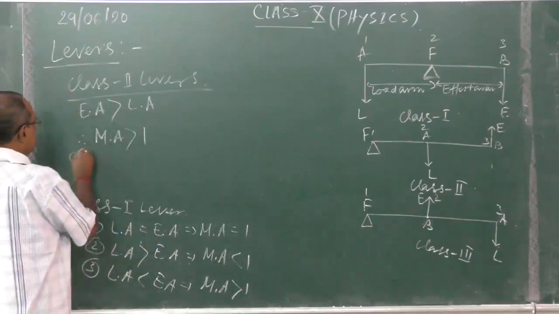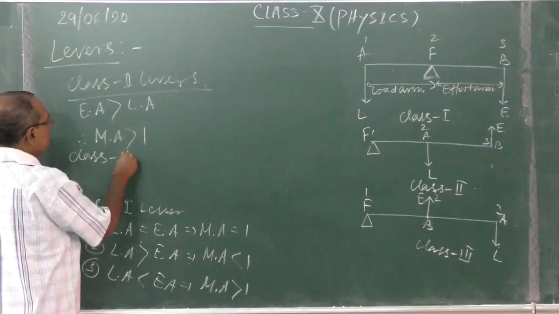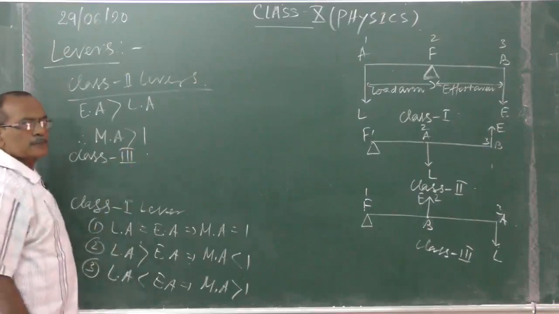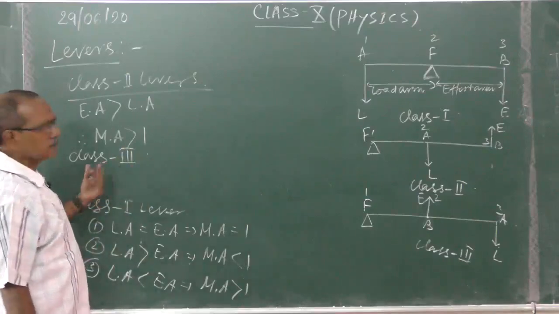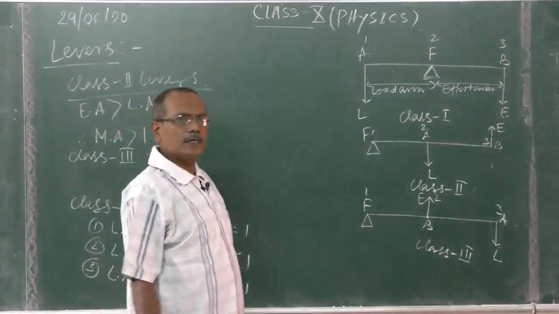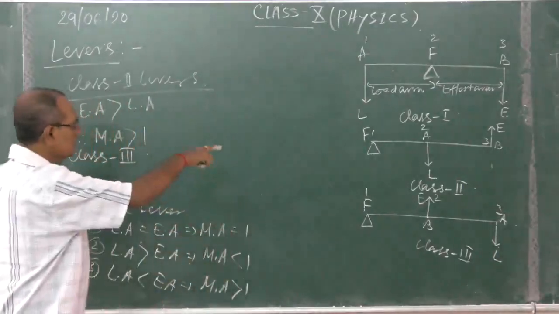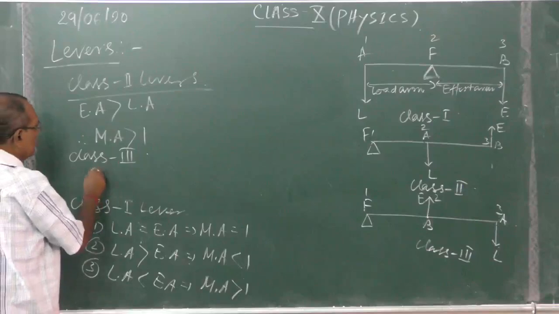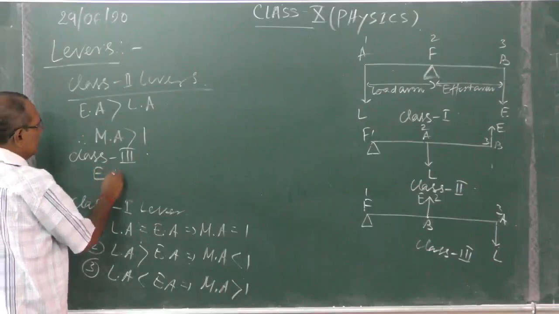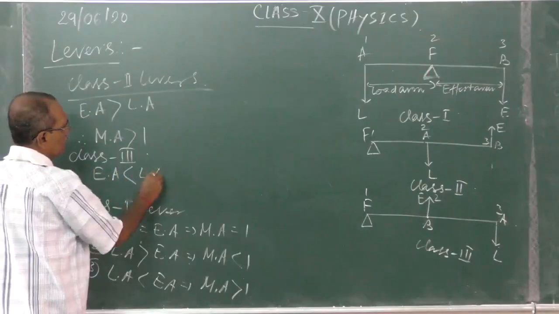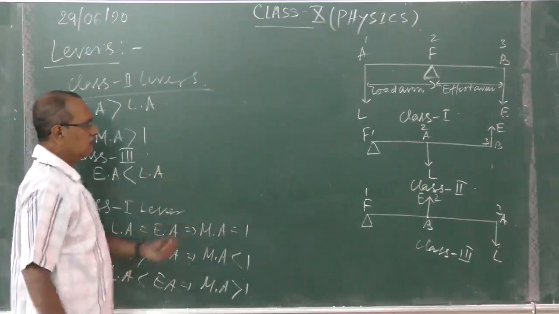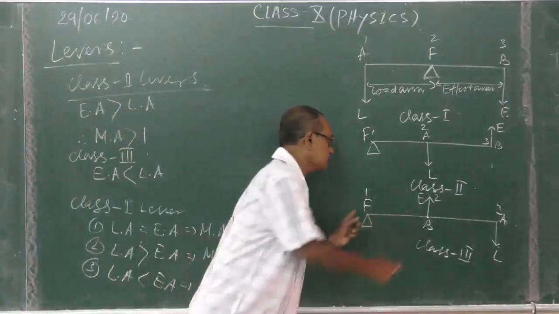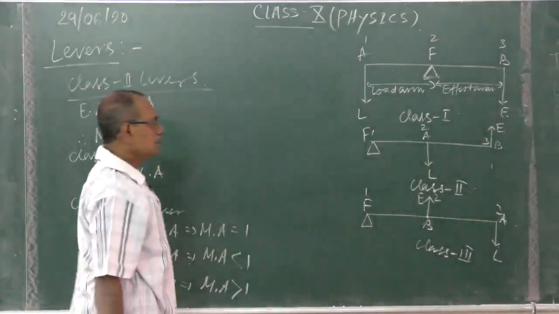Now, class 3 lever. In class 3 lever, what happened? Class 3 lever, effort arm is always less than what? Load arm. Effort arm is always less than the load arm.